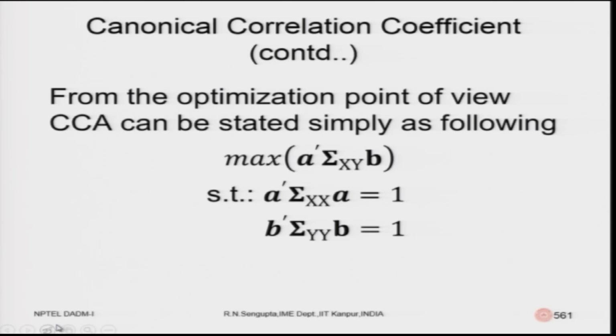Now, this canonical correlation method can also be modeled as a simple optimization problem, and this is how it is done. From the optimization point of view, it can be stated very simply like this.